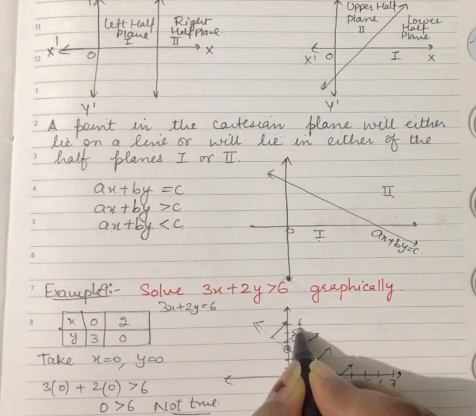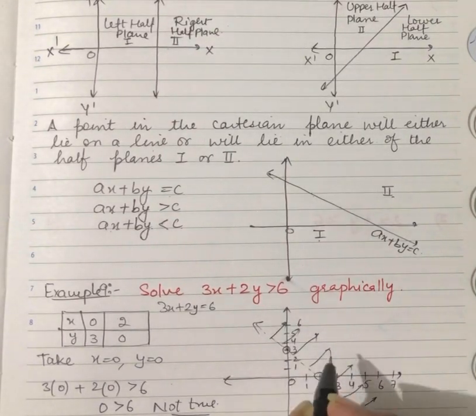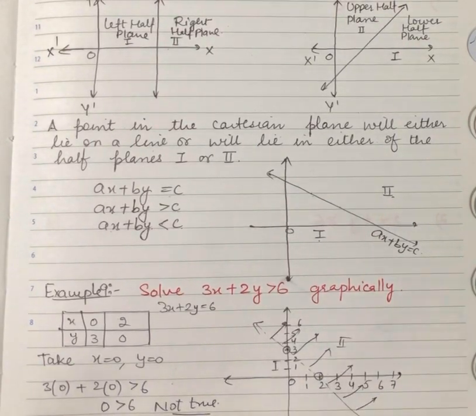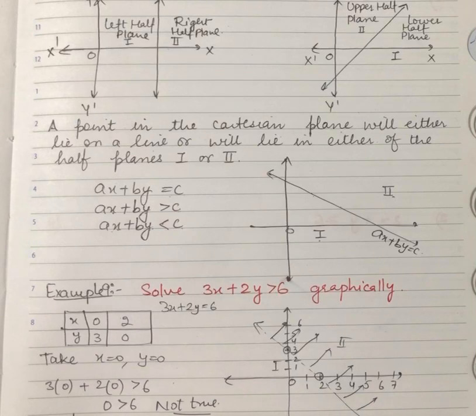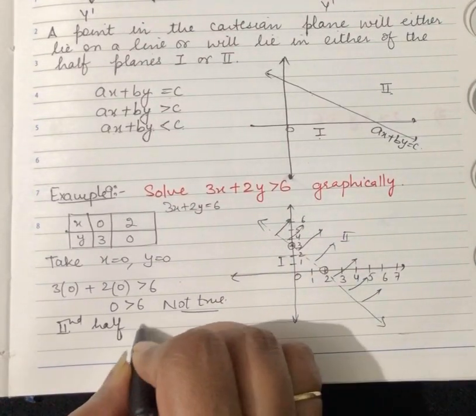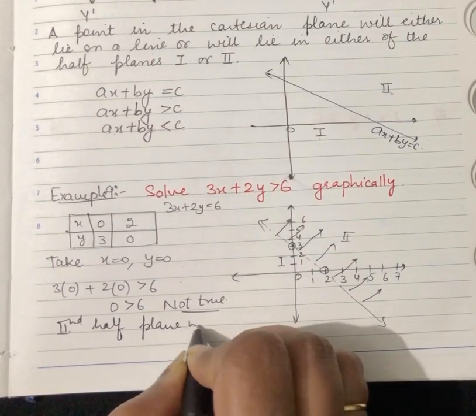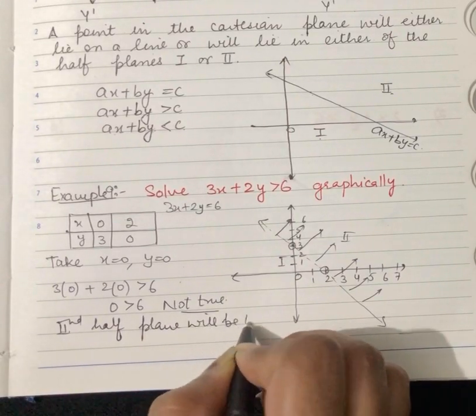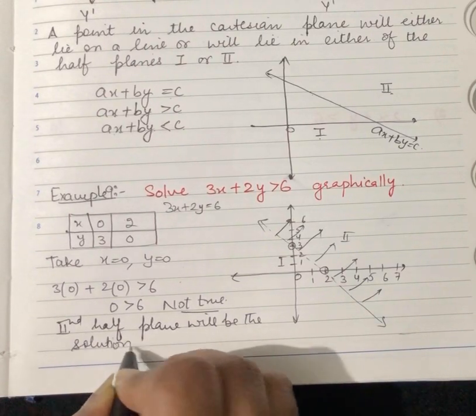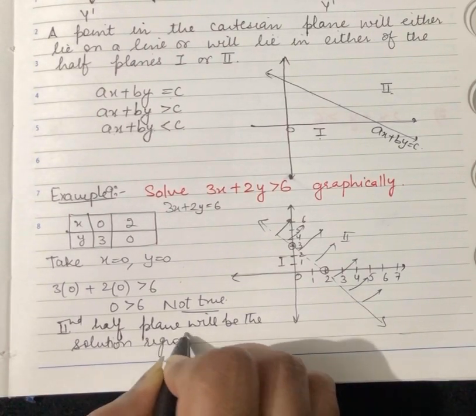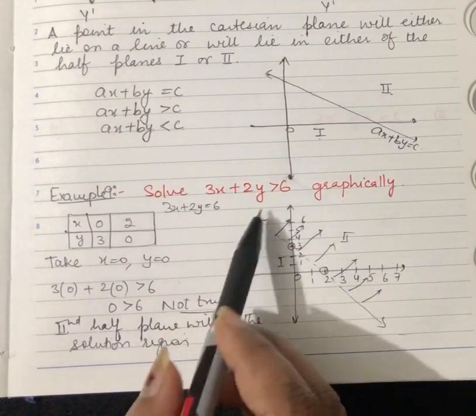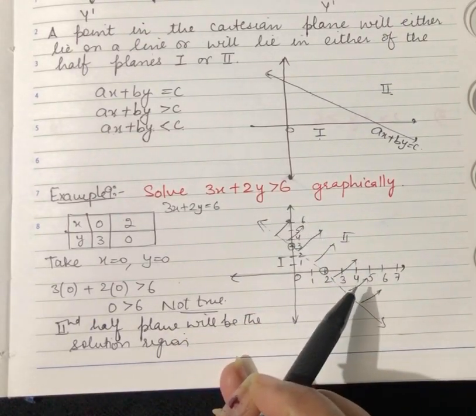This is the required solution region. We can denote this region by first and this by second. So second half plane, or we can say shaded region, you can also write. Second half plane will be the solution region of this inequality. That means in this region, the solution of this inequality lies.